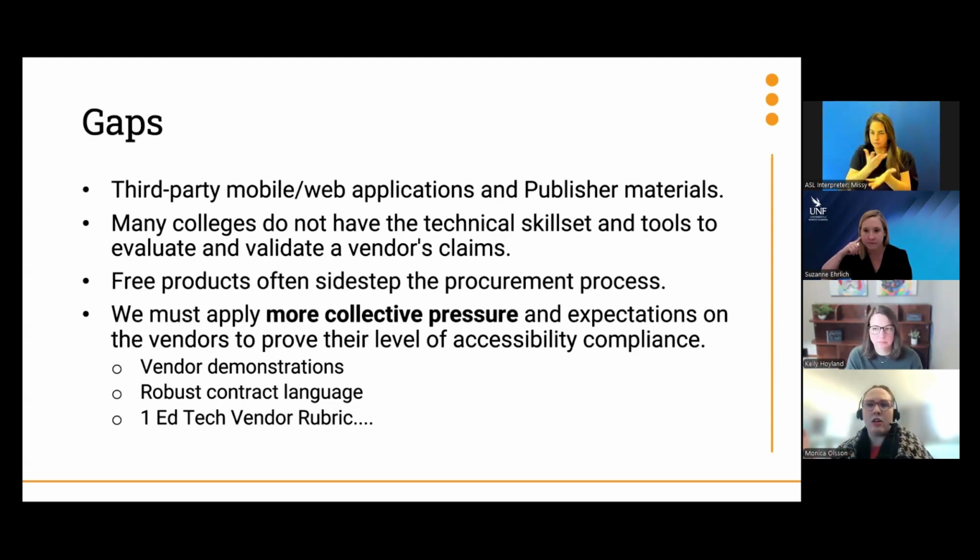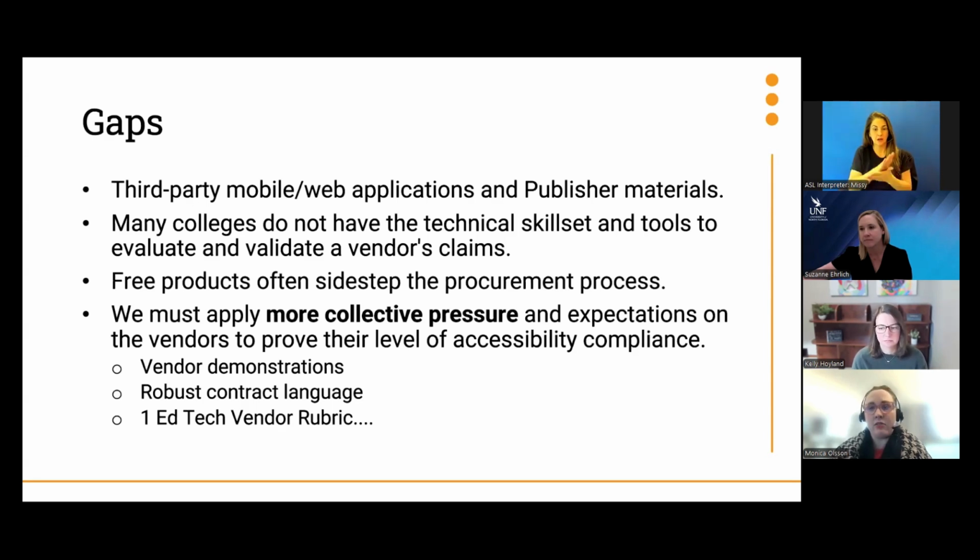And we're looking at our college and agency websites. There's a huge gap in there that is still covered by the rules and regulations set forth by the Department of Justice, and that is our third-party mobile and web applications that we are using within our system, including publisher materials, so things like electronic textbooks.